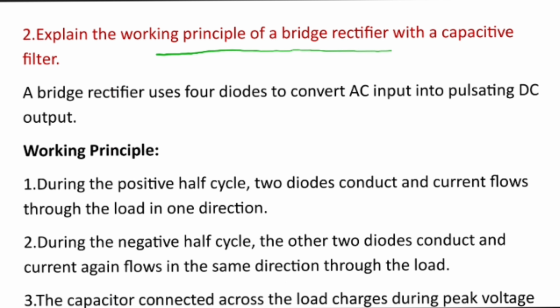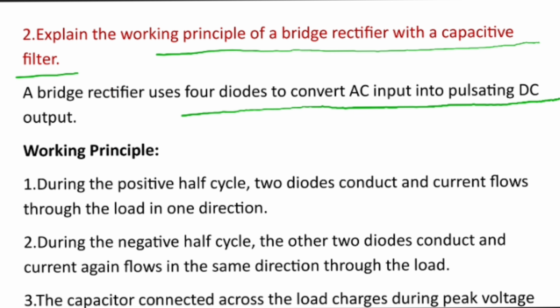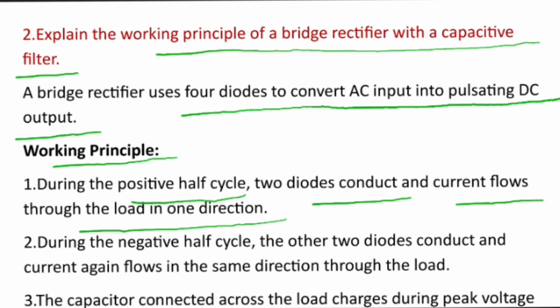Explain the working principle of a bridge rectifier with a capacitive filter. Bridge rectifiers use diodes for converting AC input to pulsating DC output. Coming to the working principle of the bridge rectifier: first, during the positive half cycle, two diodes conduct and current flows through the load in one direction.